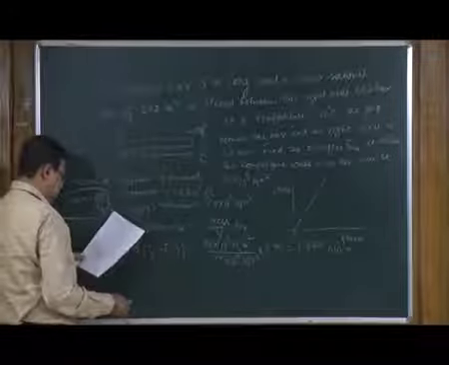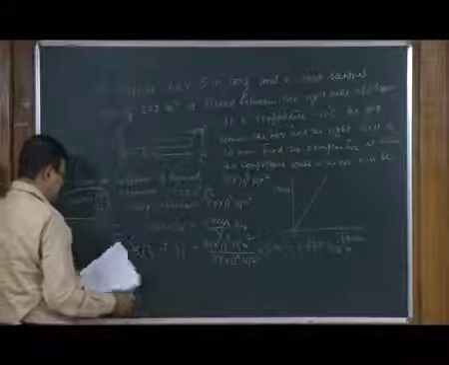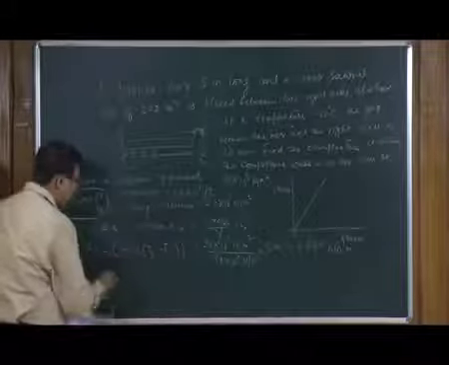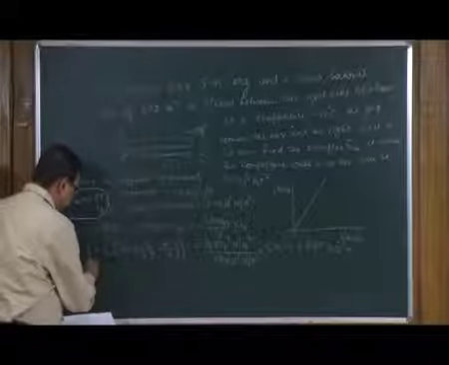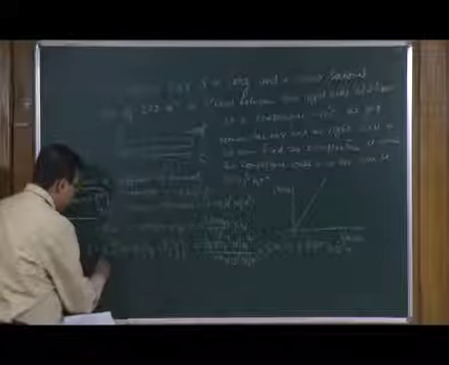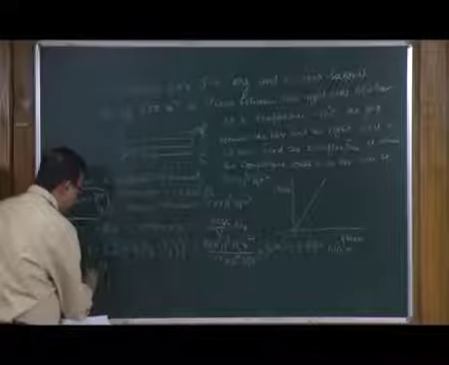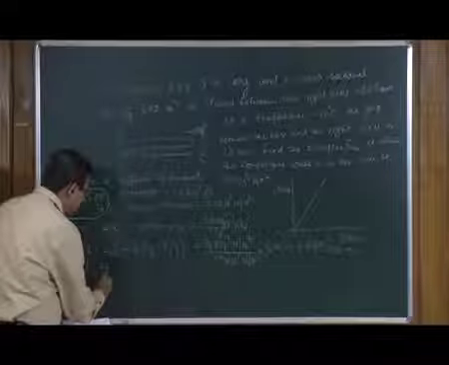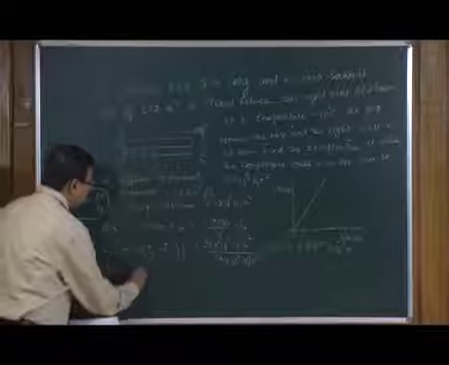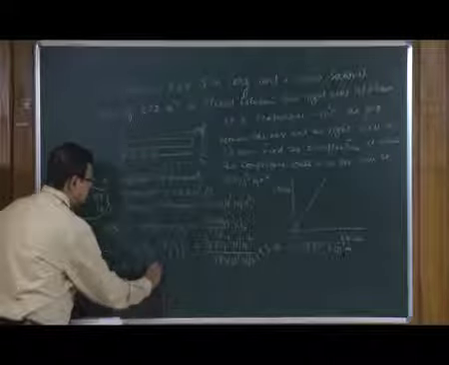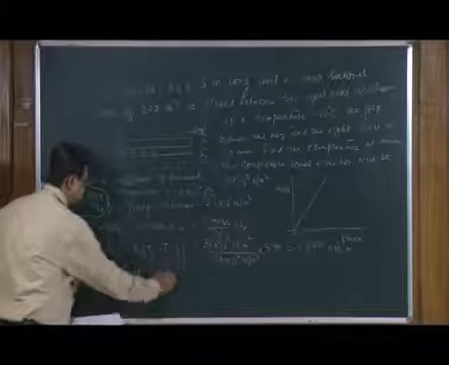So it is (L minus L0) divided by L0 is alpha into (Tf plus 10 degree centigrade).